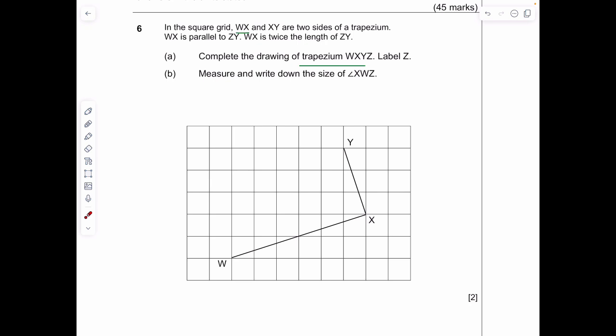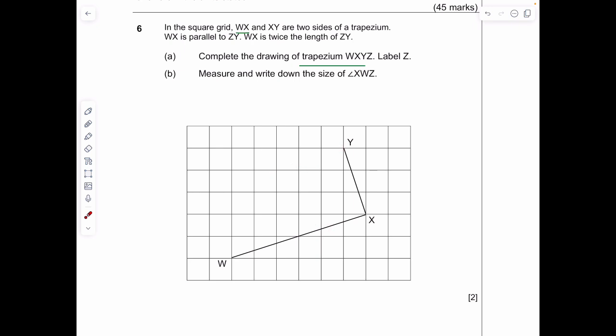WX is parallel to ZY, so somehow the ZY needs to be here. And WX is twice the length of ZY. So ZY needs to be somewhere here, which is parallel to this line.